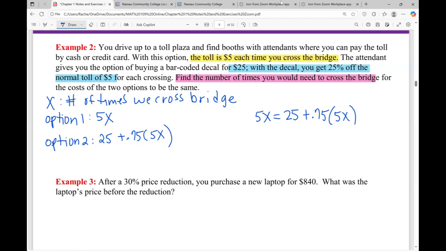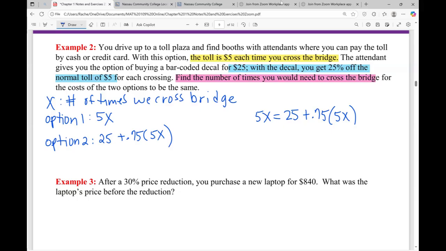The other option is pay $25 now to get this decal, this sticker, and then every time we cross the bridge, we're only going to pay 75% of the $5 for every trip, because we're getting 25% off. So when would these two cost options be equal? We set them equal to one another.